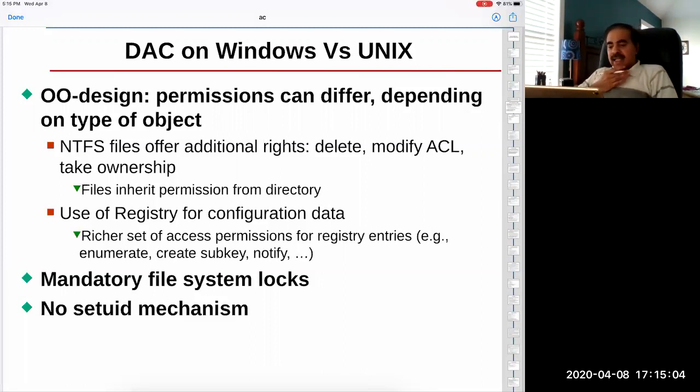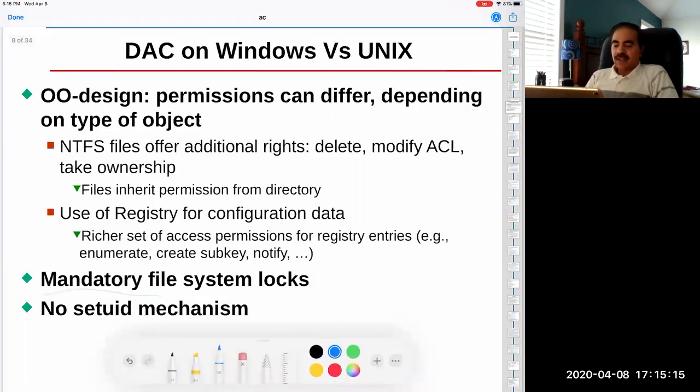The other aspect in Windows is that files can be locked, and there is what is called a mandatory lock, which means that once a file is locked, nobody else can access it.